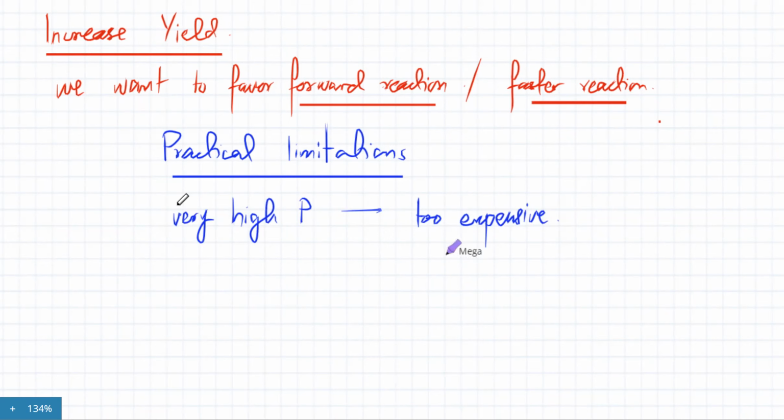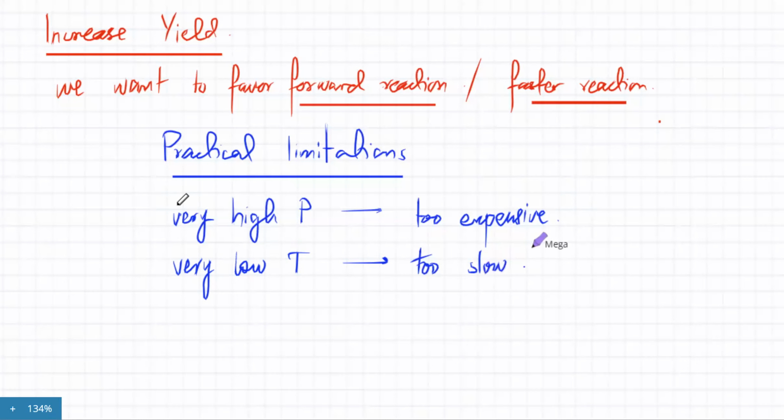So you have these practical limitations, and you can't have a very low temperature. Even though Le Chatelier's principle might agree with that, the problem with a very low temperature is it would be too slow. Reactions will not have enough kinetic energy and they would be too slow.